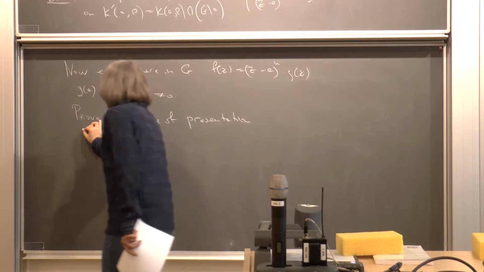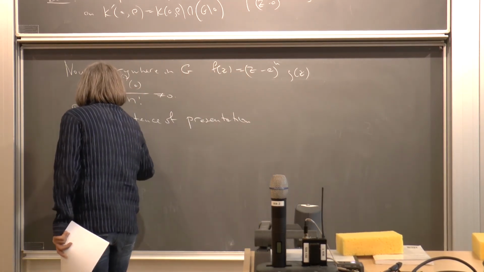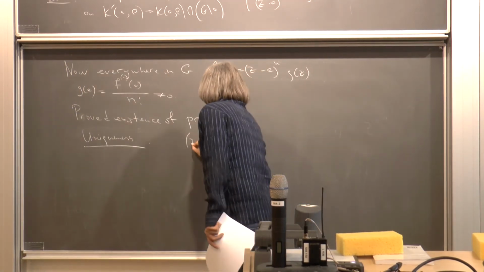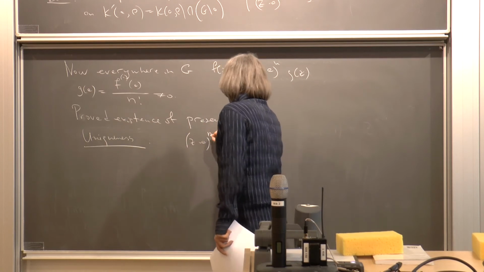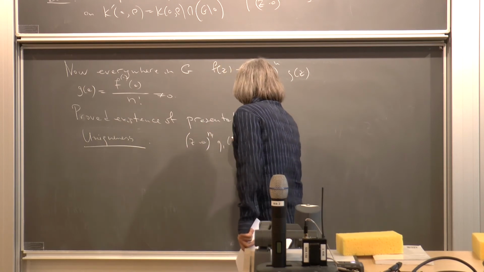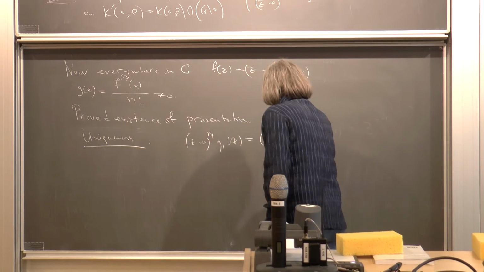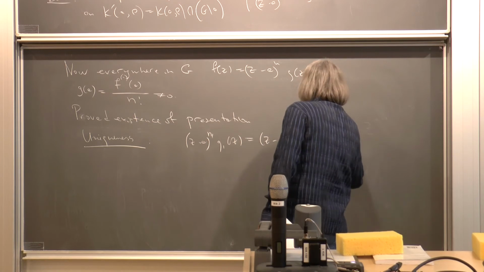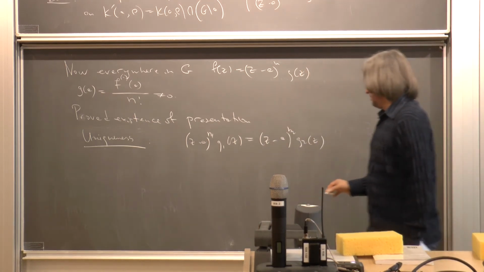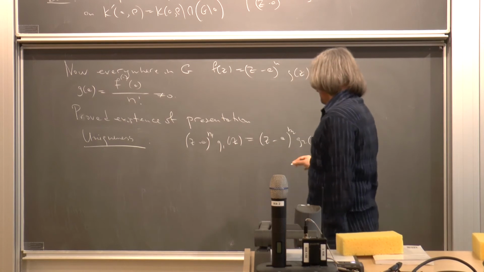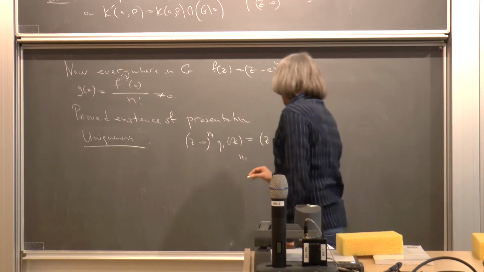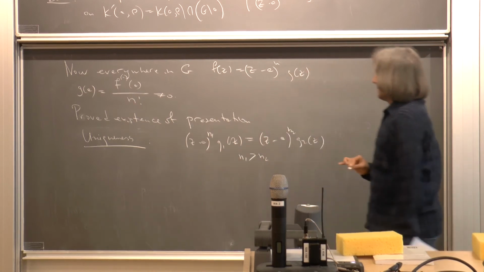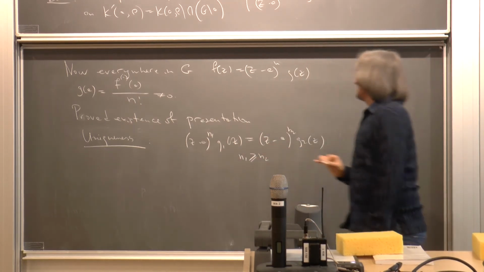Now about uniqueness, it's even better. So if we have (z minus a)^n1 g1 of z equals (z minus a)^n2 g2 of z, and let's say n1 is greater or equal to n2, it doesn't matter.